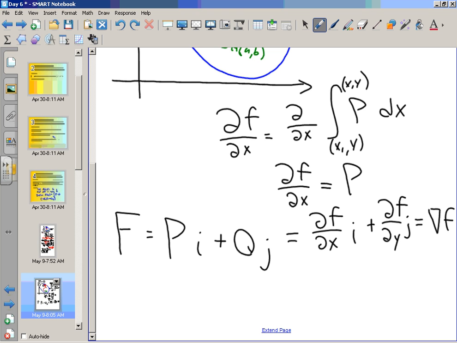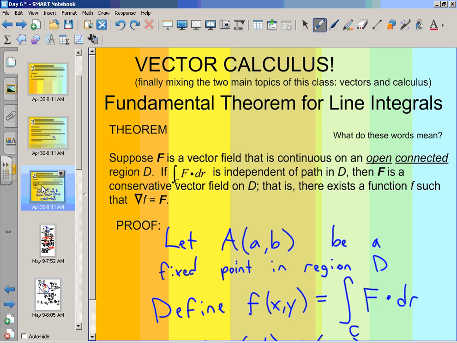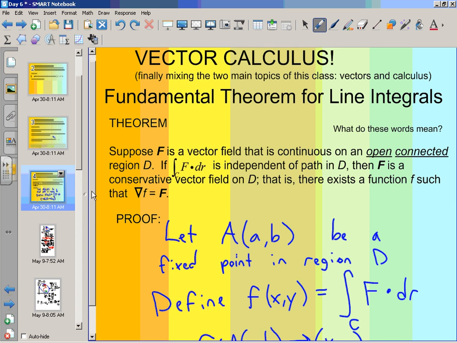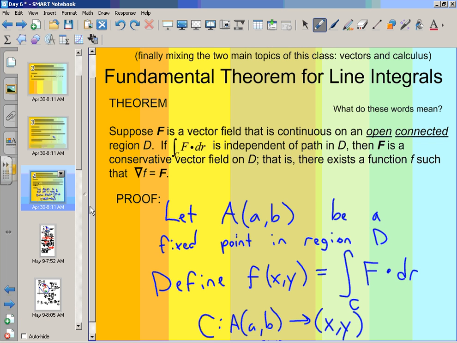That's the gradient. So that completes it. And so the whole thing goes back to: if it's independent of path, then it's a conservative vector field. We can just use those two components, the P and the Q, as they are going to be the components of the gradient.